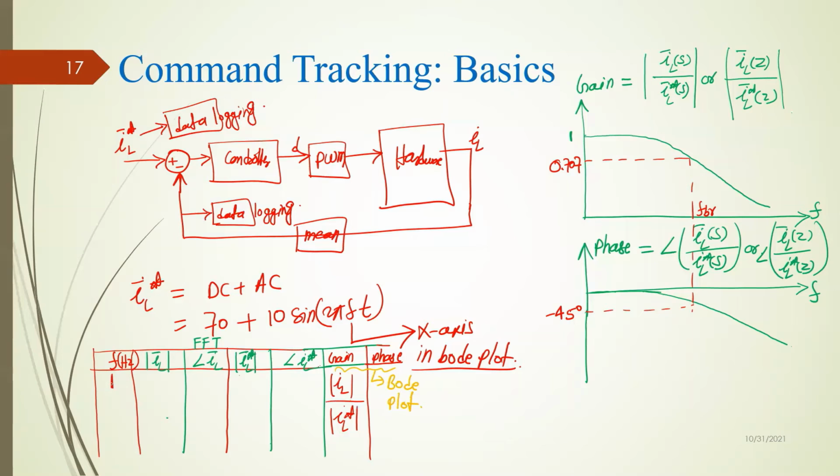FFT will give all frequency gain and phase values, but we would like to focus on the gain and phase for the harmonic frequency which is present in your reference value. These gains and phase are for frequency f, so you should remember that. And then the phase we calculate like this: it's basically the phase of the IL average minus the phase of the IL average star reference.